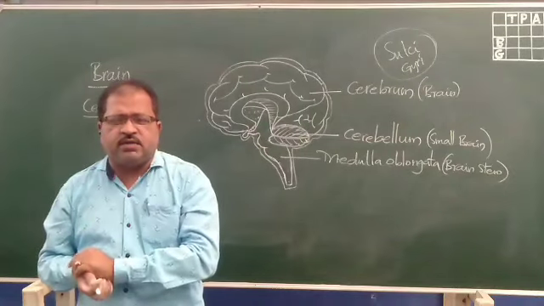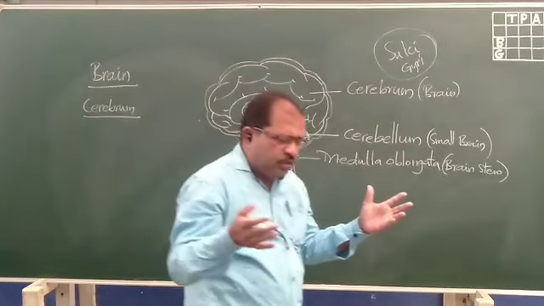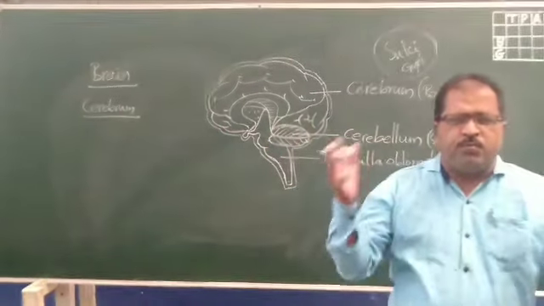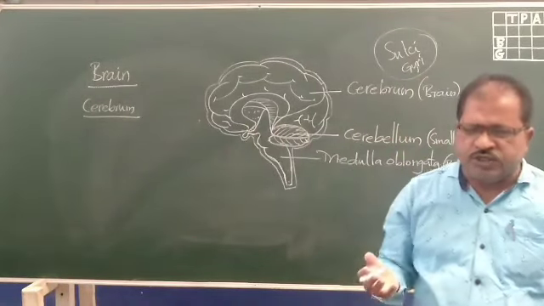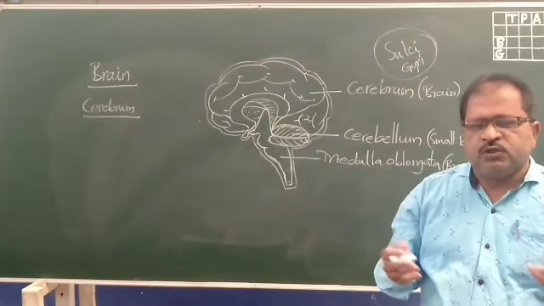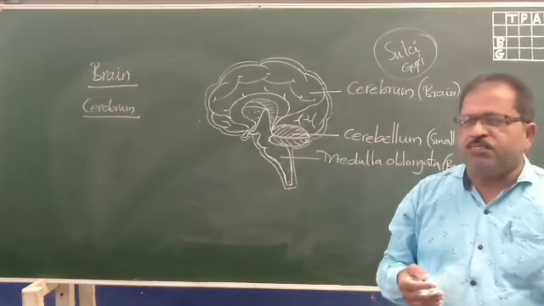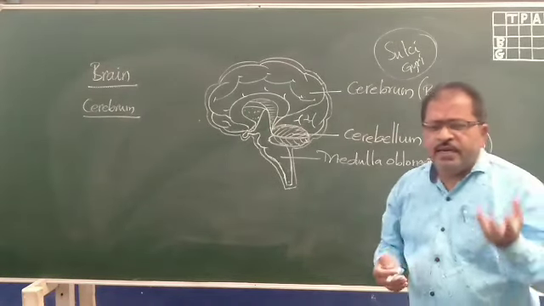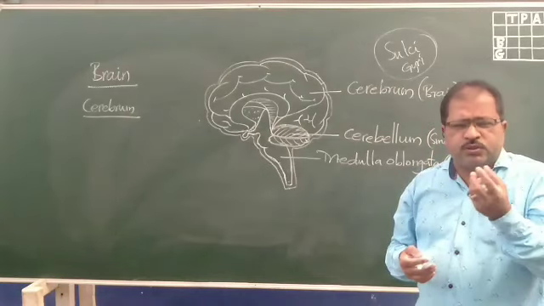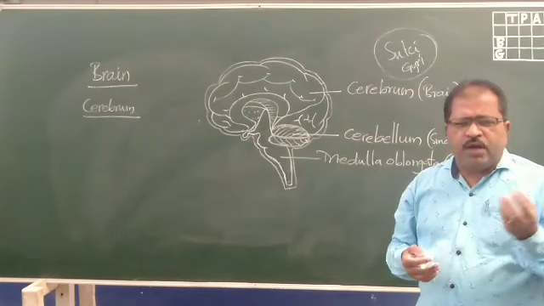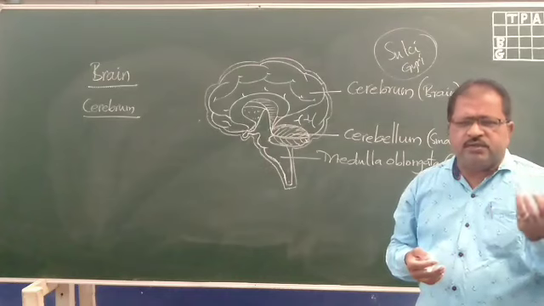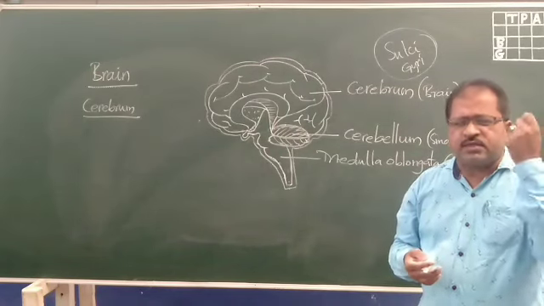It was believed that if there are more convolutions, the person's IQ will be more. IQ means intelligent quotient. These grooves are presented in the cerebrum, and they have spaces also, and those spaces are called ventricles.